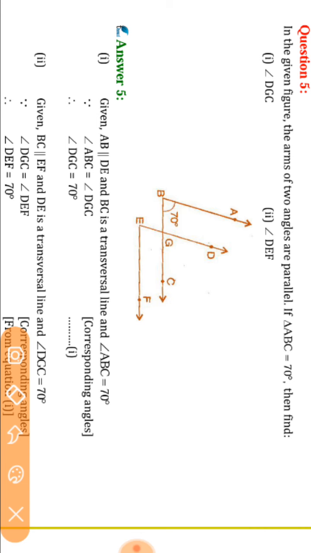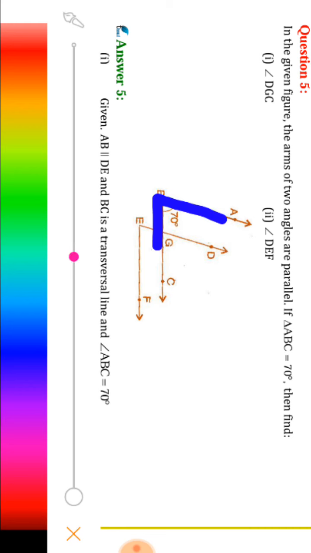So we can join here. Okay, find, actually it is not a triangle, it is angle, it is 70 degree. Then find the angle DGC. This angle we have to find. Again DEF also we have to find.